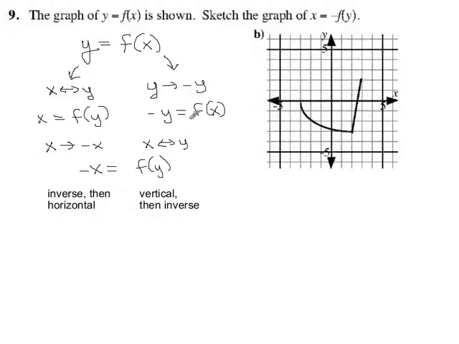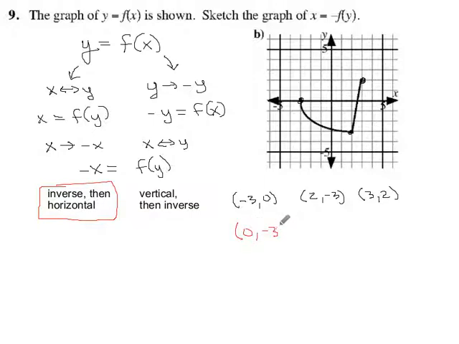Let's check. The original curve contains the points -3, 0, 2, -3, and 3, 2. So if we invert these, that means the x and the y trade places.